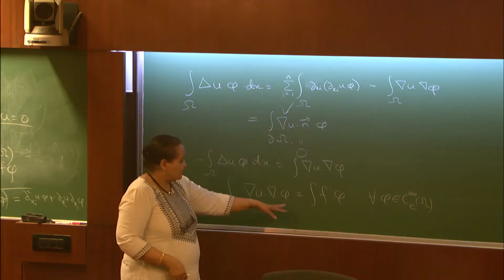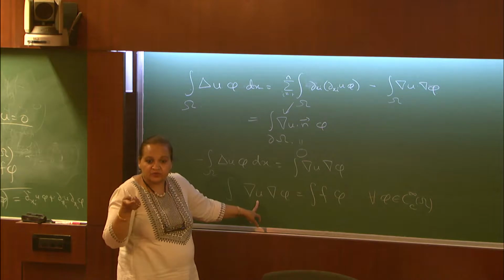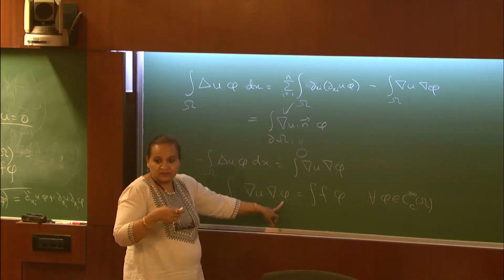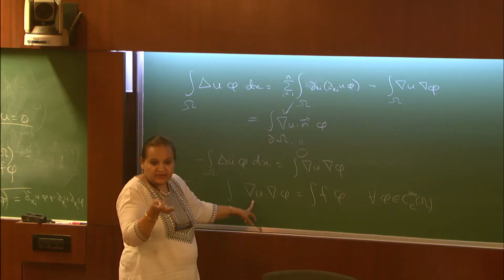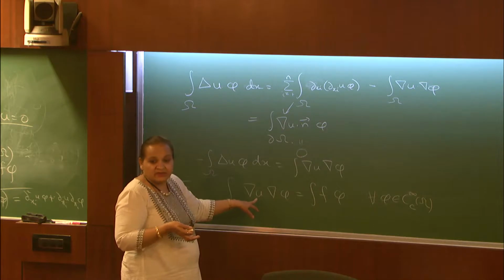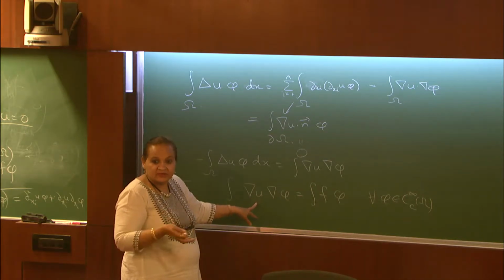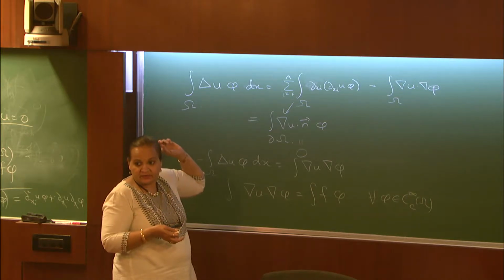And if we are able to show from various estimates or from PDE theory that actually u is smooth, or it is C2, then we can retrace back and go back to our Laplace equation.